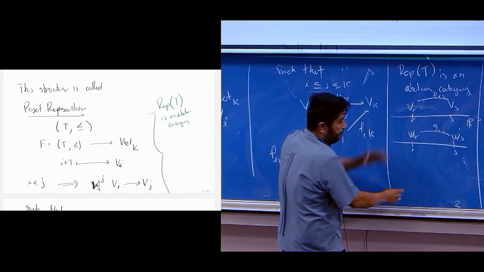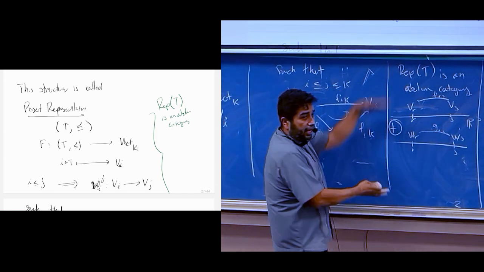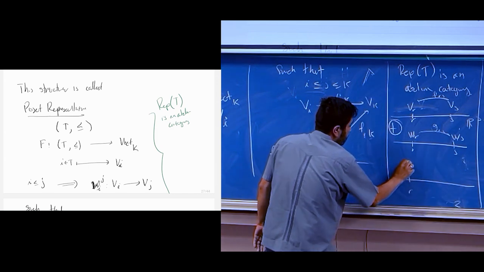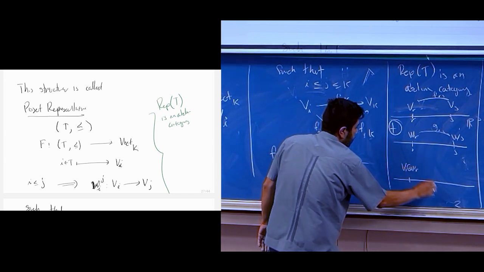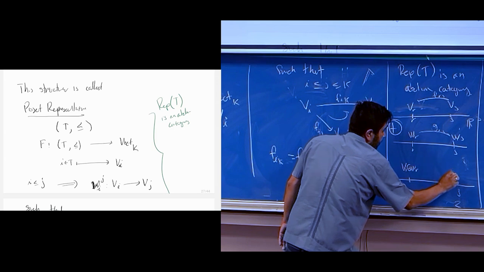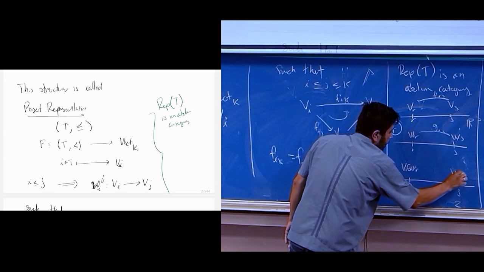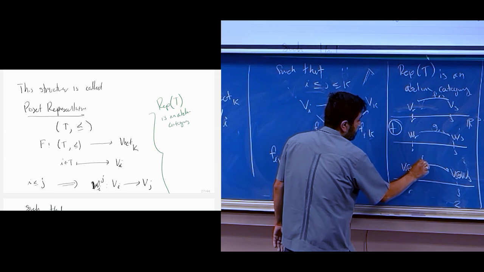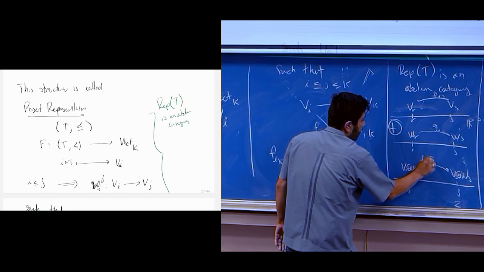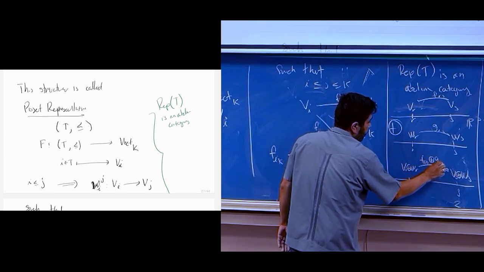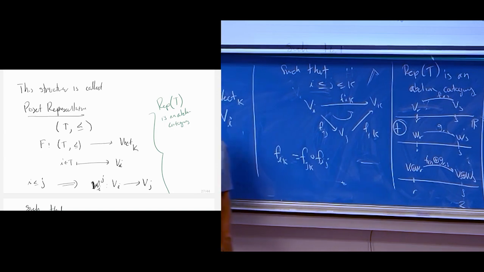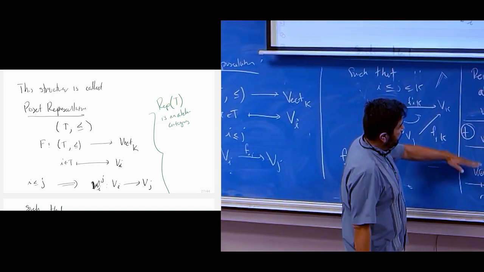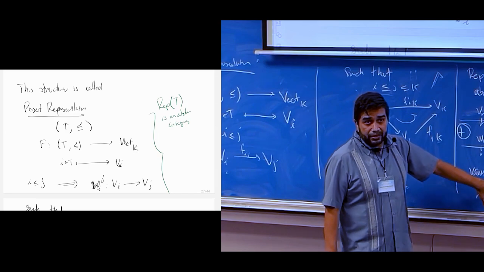And you can add them up and create a new representation where you have V_R plus W_R, and on S you have V_S plus W_S. The function you will have is just the one you had before, added with the function of the other one. That way you can add up representations and create new representations.